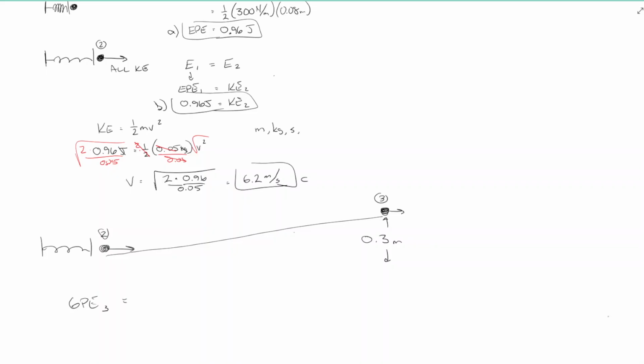Well, that is going to be equal to the mass times gravity times the height at 3. And assuming the height here is 0, h at 2 is 0 meters, we'll call that 0. Then when you move this forward, the ball is now elevated, right? And when you elevate something, gravity can do work. And so I'm going to plug in the mass, 0.05 kilograms, times 9.8 times the height, 0.3.